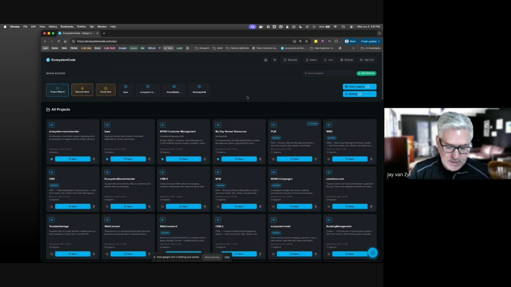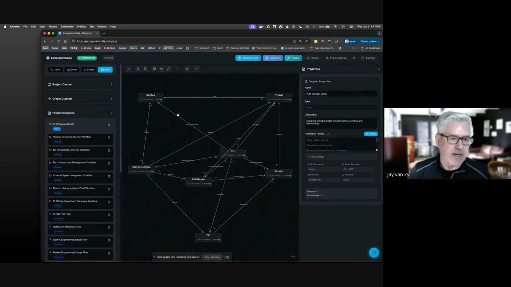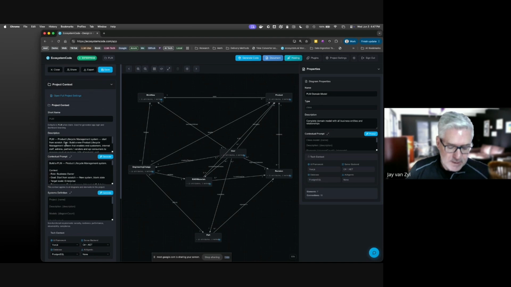And this is what the ecosystem code environment looks like. And I'll show you a particular project where the data was already generated. So this is a project or product line management system. So the concept is that you manage products, versions, and then various features for those products.